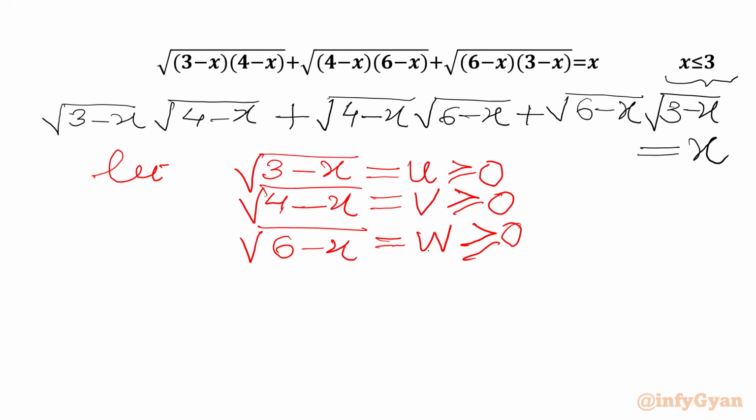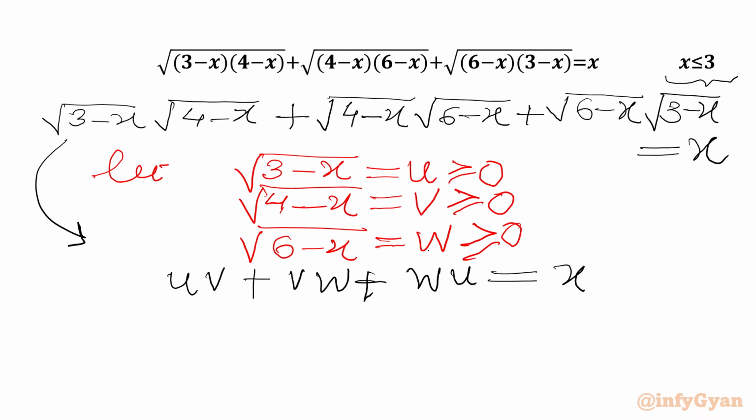Now we can write our equation in u, v and w variables. The equation will become uv plus vw plus wu equal to x. Now we'll square our substitutions. So from here I get u square plus x equal to 3.